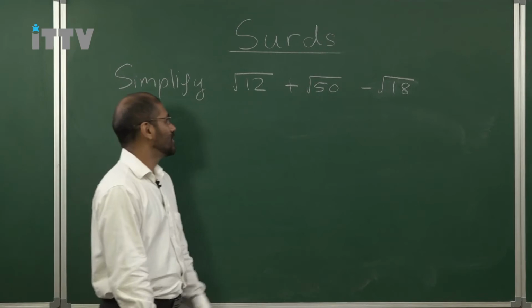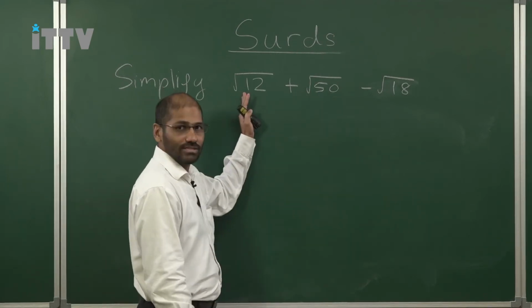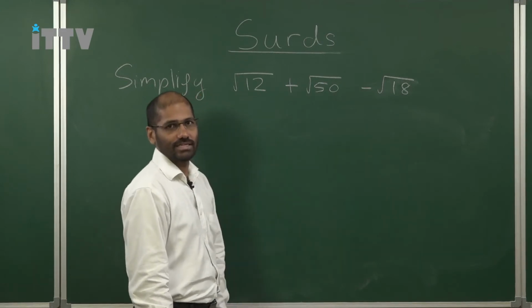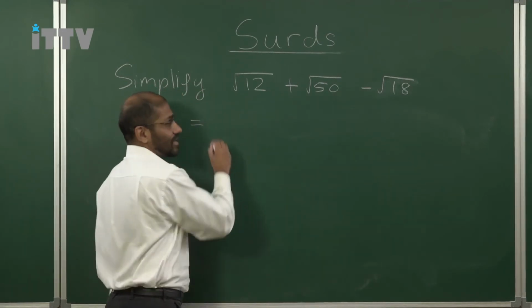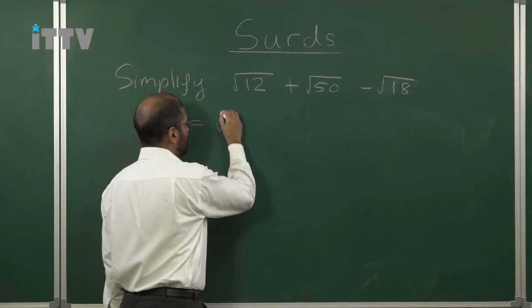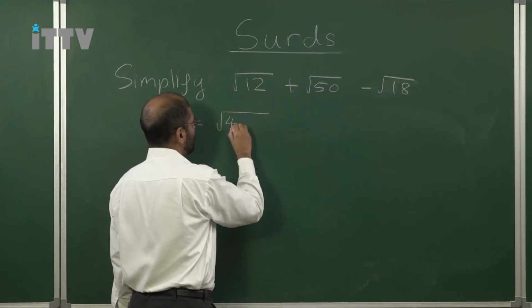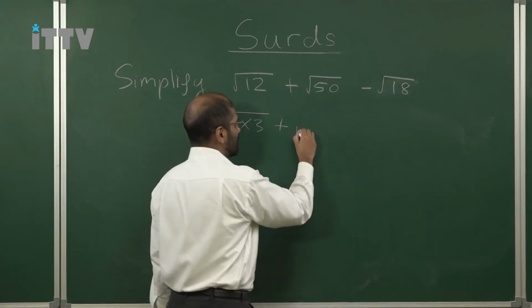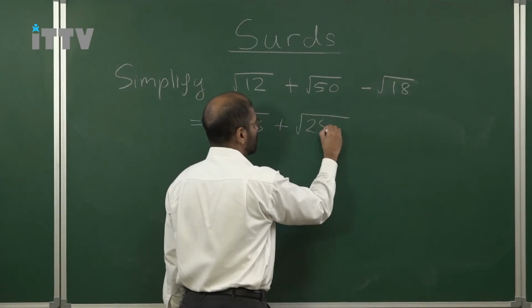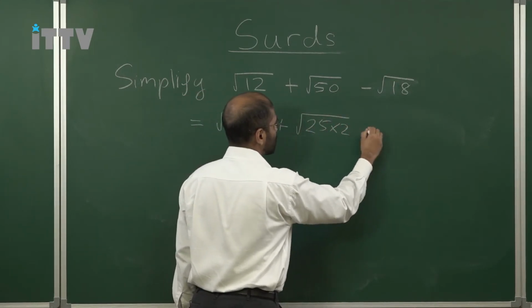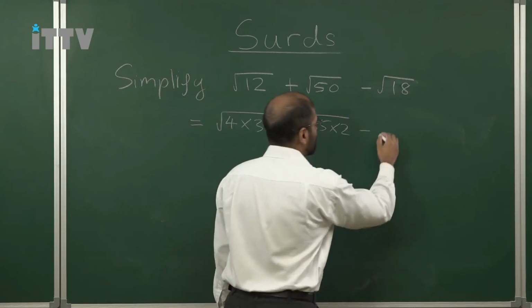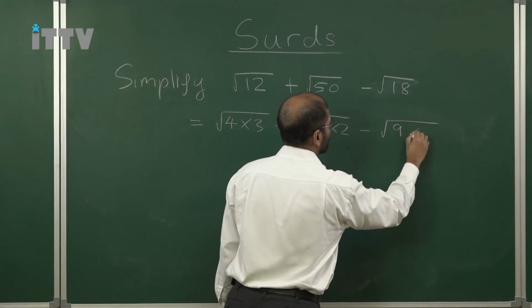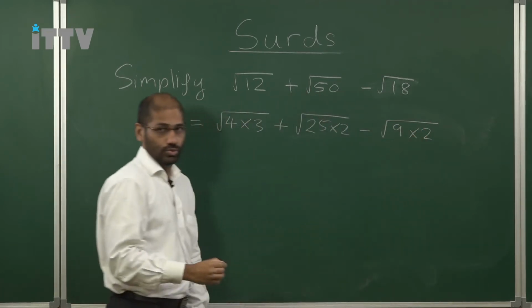The next example would be to simplify surd 12 plus surd 50 minus surd 18. Now surd 12 can be expressed as surd of 4 times 3. Surd 50 can be expressed as surd of 25 times 2, minus surd 18 can be expressed as surd of 9 times 2.